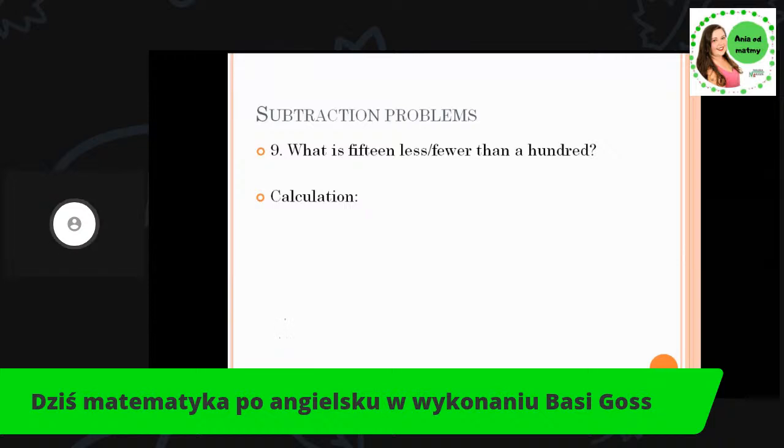So our numbers are 15 and 100. And the words that are telling us that we need to use subtraction are less and fewer.